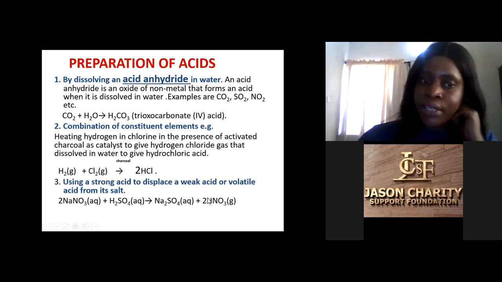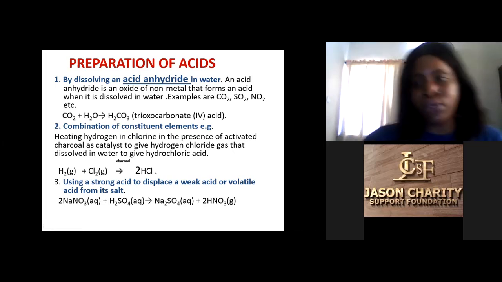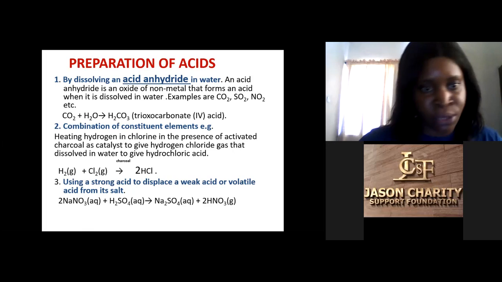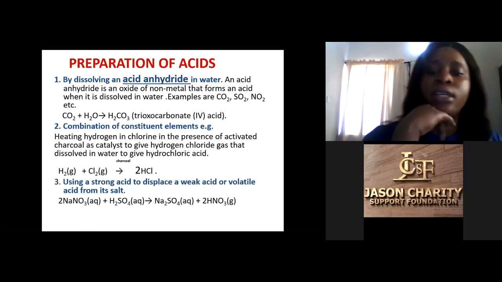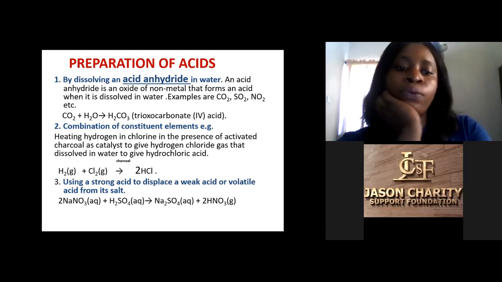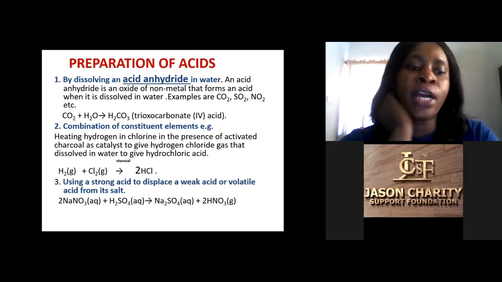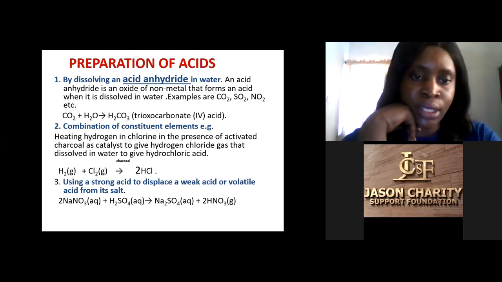As you can see, using a strong acid like tetraoxosulfate 6 to displace a weak acid or a volatile acid from its source. So tetraoxosulfate 6 is reacting with sodium nitrate.